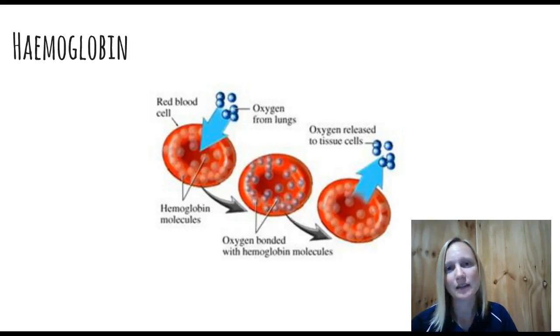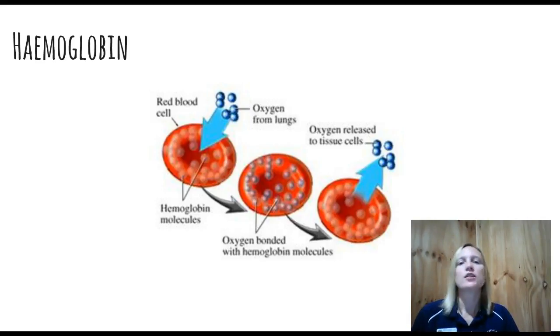Haemoglobin is another really important thing to learn. So the way in which oxygen is transported around on those blood cells is through oxygen carrying haemoglobin molecules, okay? So you know by now that a blood cell is a concave disc.